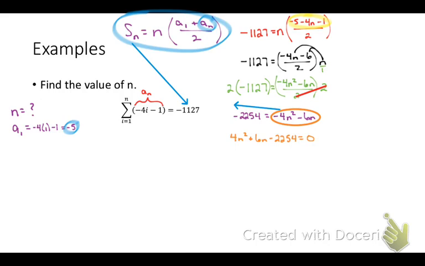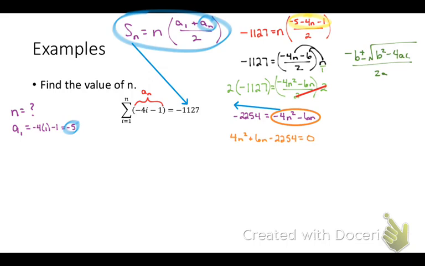So, you could divide everything by 2 and have smaller numbers, or you can use the quadratic formula. If you remember the quadratic formula, opposite of b, plus or minus, square root. Or if you have the graphing calculator and you have the Quad 4 program, it will spit it out for you.